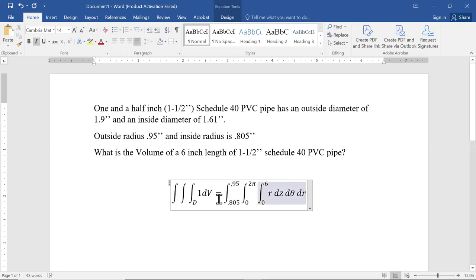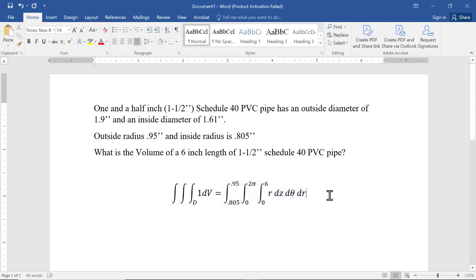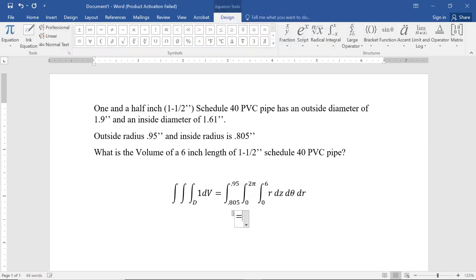Notice how all of these are numerical bounds. So if I wanted to switch up my integration, I'm free to do so. And I'm going to do that. In other words, if I want to integrate with respect to r first, and then with respect to z last, I can do that, so long as I switch up the numerical values on the integration.